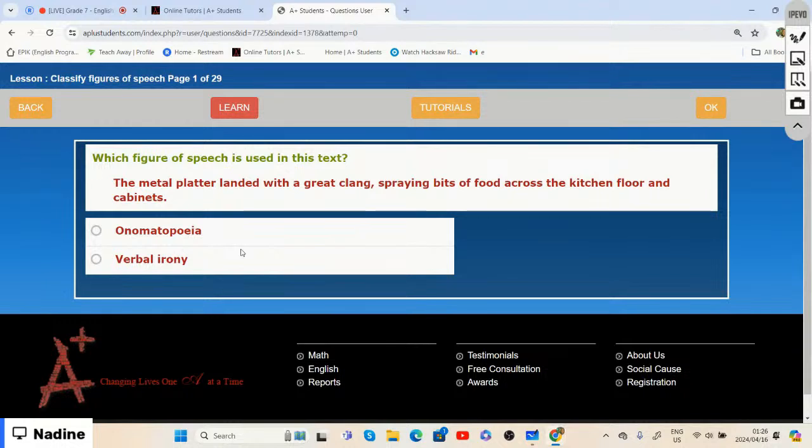All right. Remember, we said a verbal irony is where you're saying something in a more expressive way, whereas an onomatopoeia is to do with sound. And here they say the metal platter landed with a great clang, spraying bits of food across the floor and cabinets.